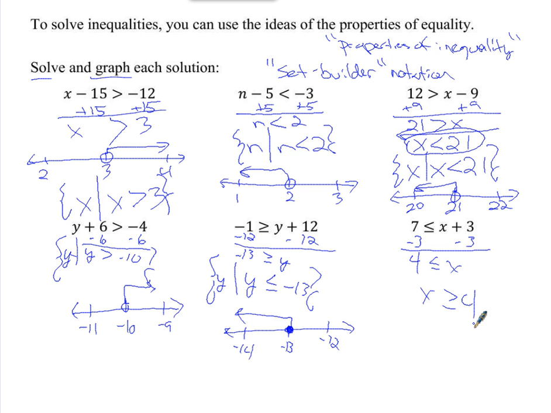So that's what we write, and then we just build the set builder notation around that. We draw our number line. 4, 5 here, 3 here is fine. Dot is closed, and greater than is to the right. There you go. Okay, so no big deal.